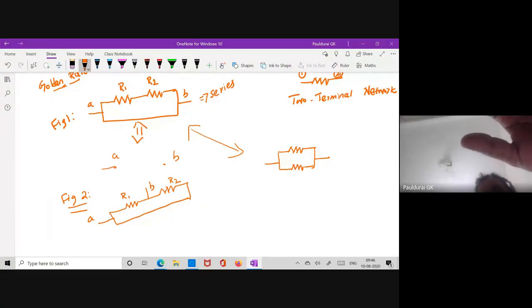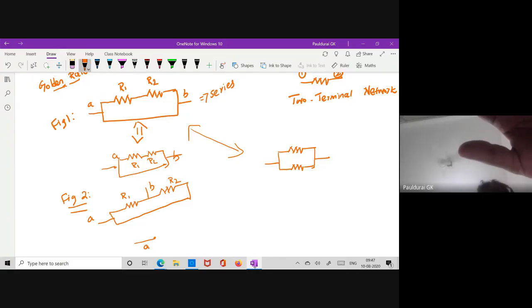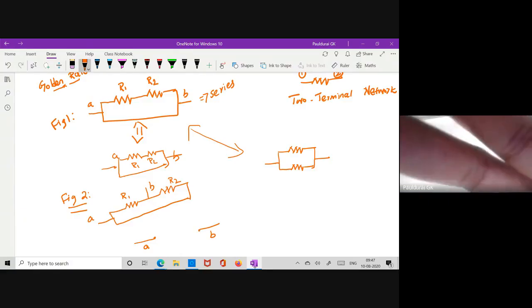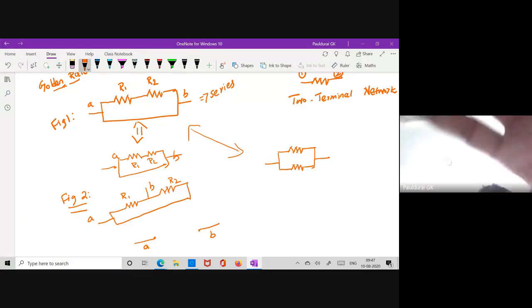Even if you redraw it, it comes like this. Redraw and see. Between AB, how is it connected? R1, and this is R2. Again, both are connected in series only. But if you redraw this, take terminal A here and terminal B here, where R1 is connected between A and B. Can you realize?